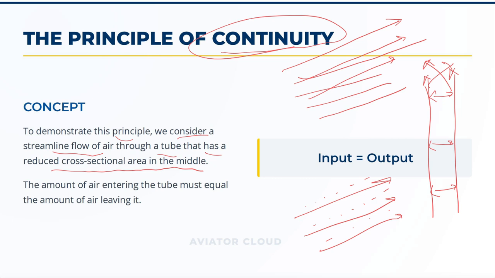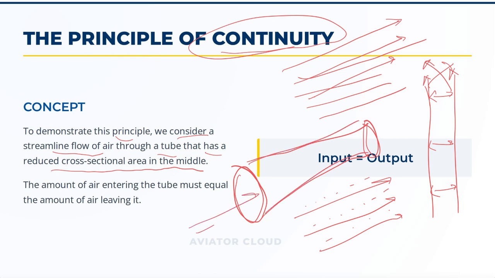So we will consider a streamline flow in a tube. We will take a tube like this and see what happens in the tube when air flows through it. The amount of air entering the tube must equal the amount of air leaving it.